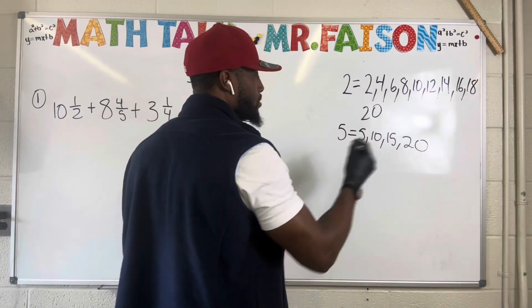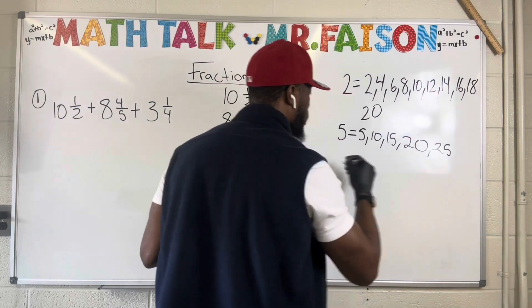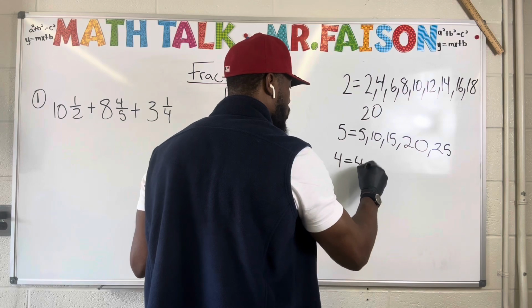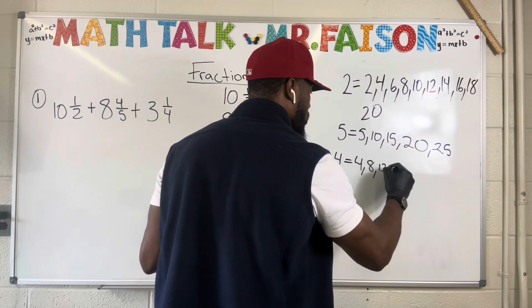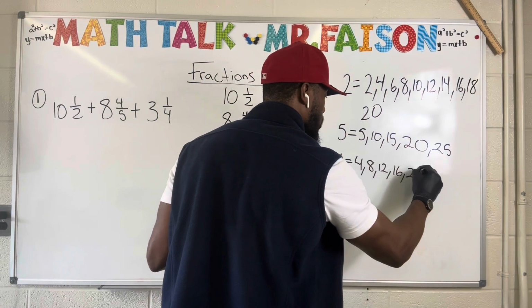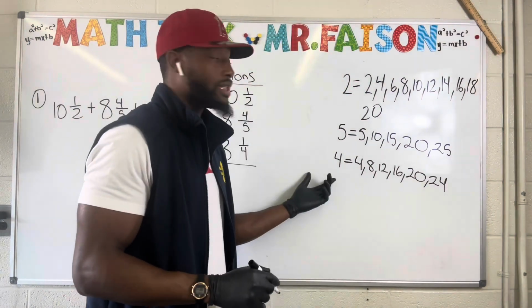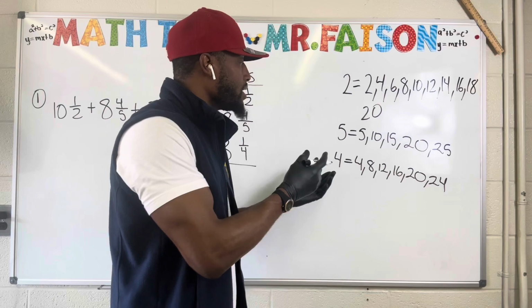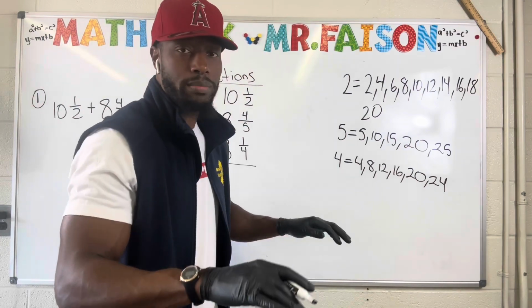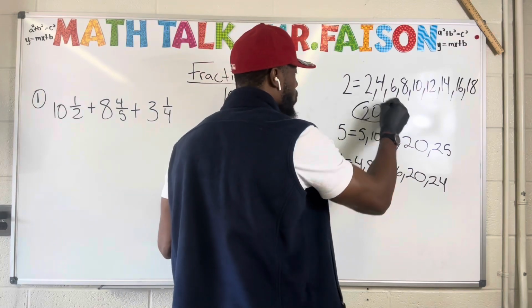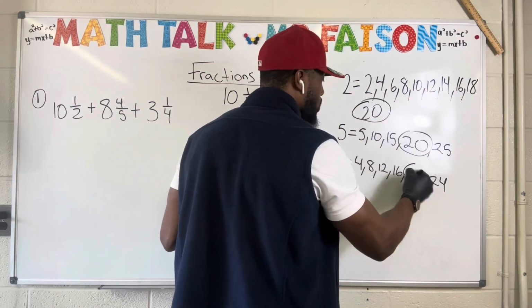We can go another one in there, 25. And for 4, we got 4, 8, 12, 16, 20, 24. Now just looking at this, my least common multiple, just to skip past all of that, hopefully y'all seen it already. If you didn't, you'll see that the least common multiple is 20.